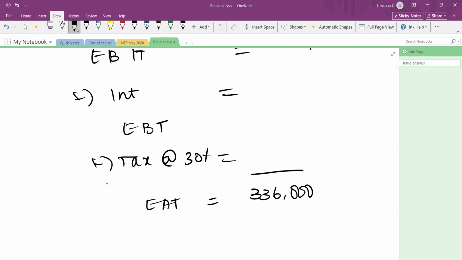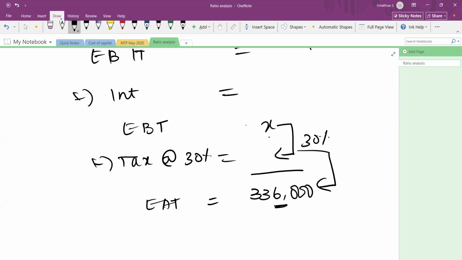It is 3,36,000. We don't know what the EBT is, but we know that out of this EBT, 30 percent has gone for tax, remaining 70 percent is earnings after tax, right? So I can say 3,36,000 is 70% of EBT.